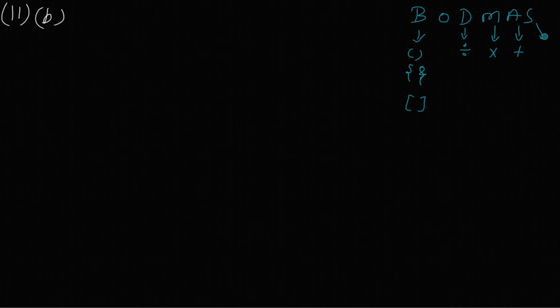11b. Let's write it here. BODMAS. Okay, this is brackets, this is division, this is multiplication, this is addition, this is subtraction. Okay, now let's do question number B. It's written 3 times (minus 1 plus 4) minus 13.